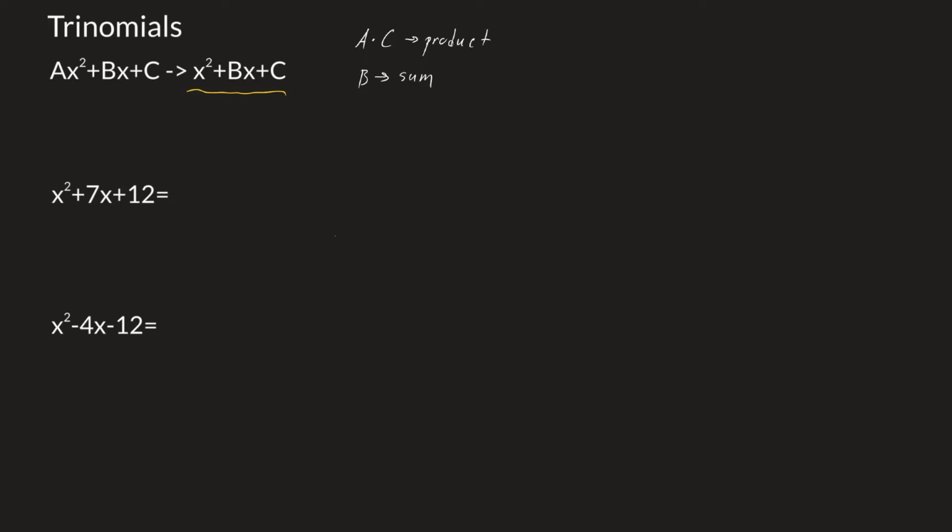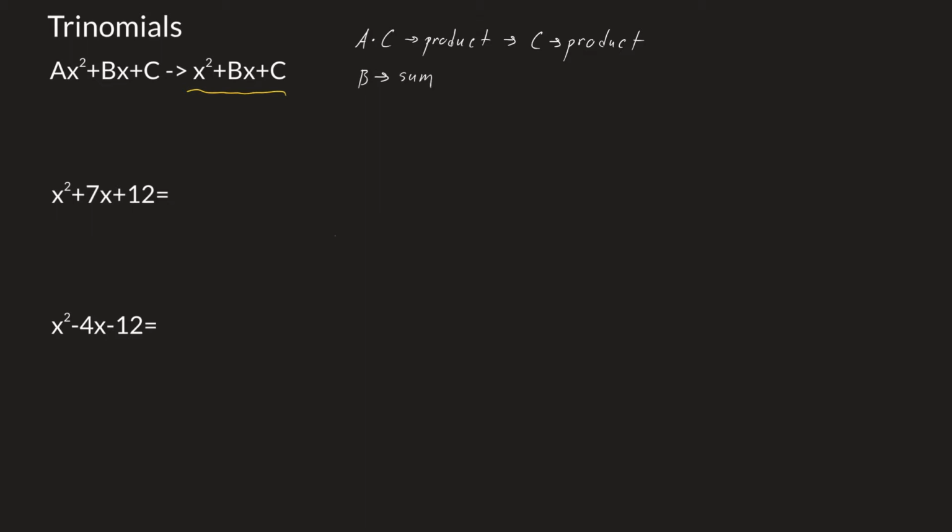Now that might sound a little confusing right now because we're dealing with abstract things. A, B, C, these are variables. So let's focus on trinomials. Now we're assuming that a is just 1. Well, that means we're looking for two numbers whose product is c and whose sum is b.